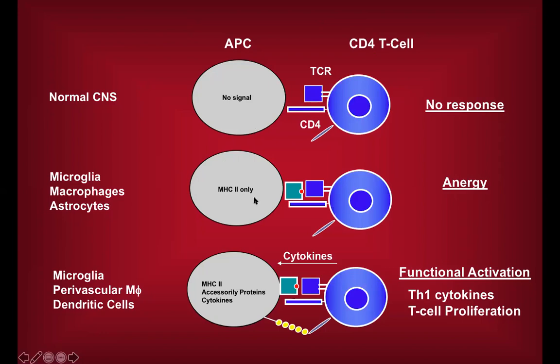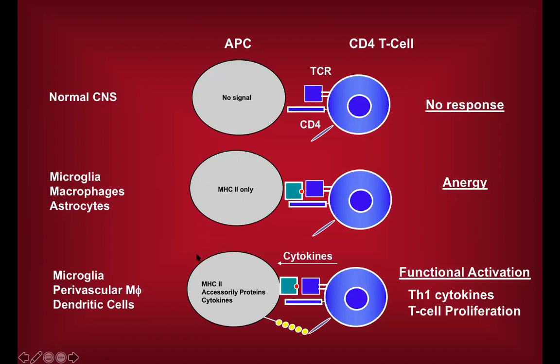If the only thing they express is MHC2 and you see a T cell, what's going to happen is anergy. You don't have the co-stimulatory molecules. You don't have that cytokine signal. You're going to get anergy, meaning a non-functional T cell response. All right. And so if we ever see astrocytes in this way, this is what's going to happen. Just because they have MHC doesn't mean that they actually can do anything.